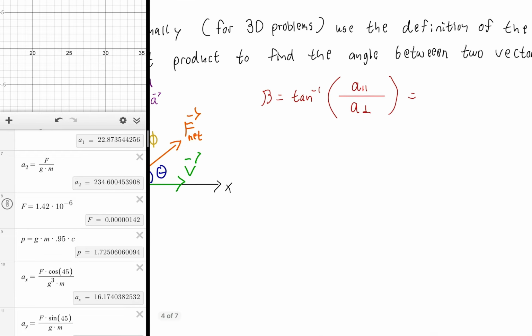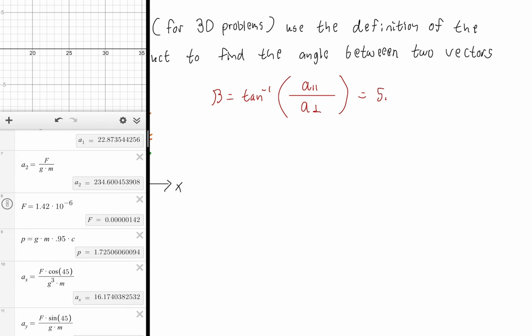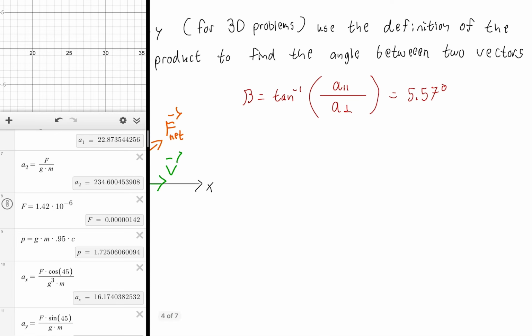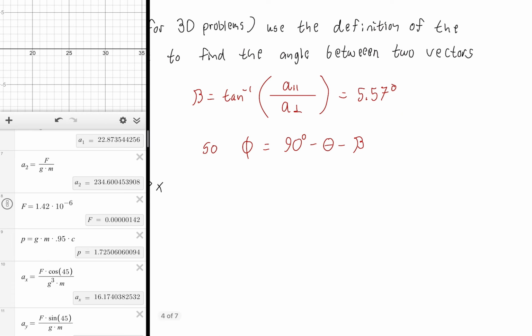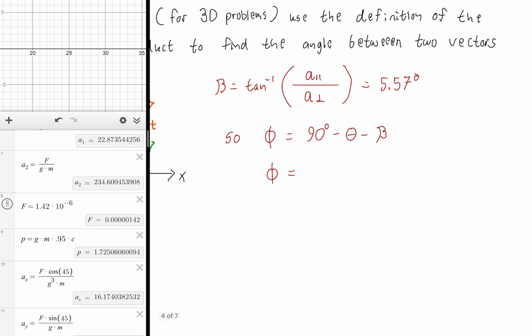I'd probably do it way too big. So 5.57. Then we can say that phi, the angle between, is just going to be 90 degrees minus theta minus beta. That will give us phi. The angle between F and A is 90 degrees minus 45 degrees minus 5.57 degrees.